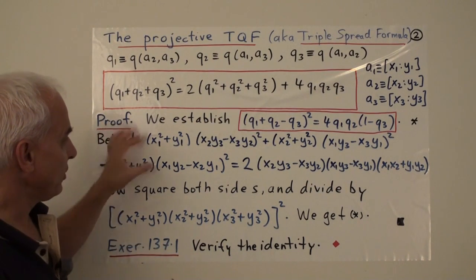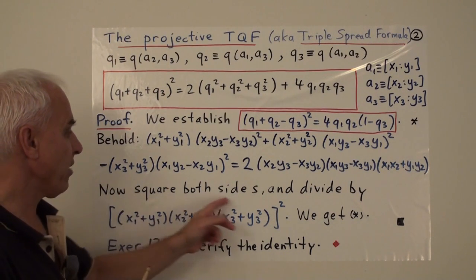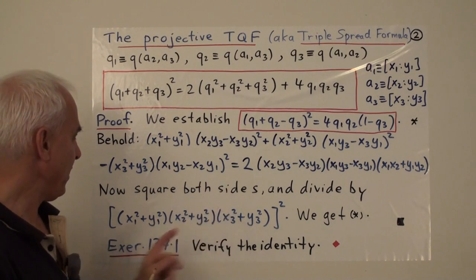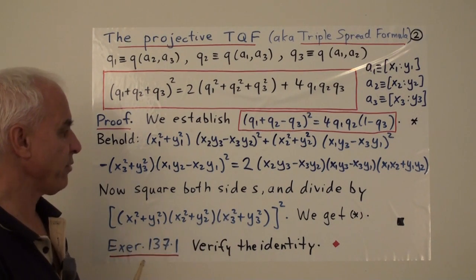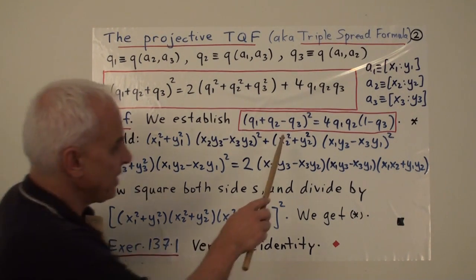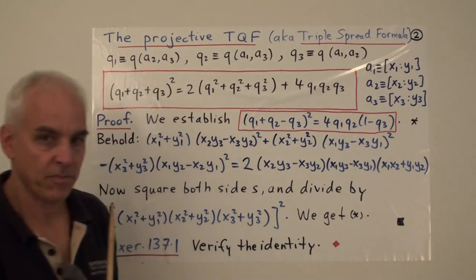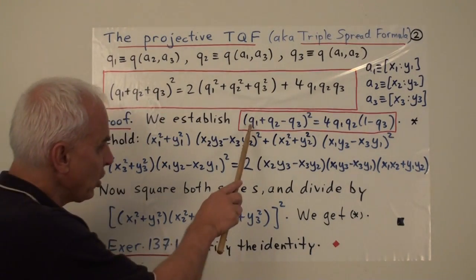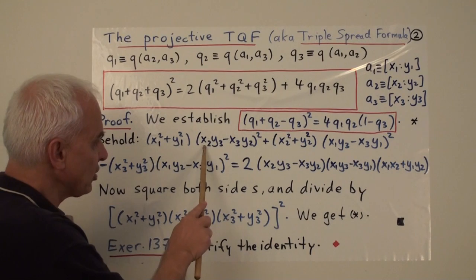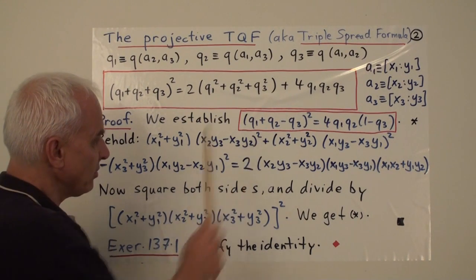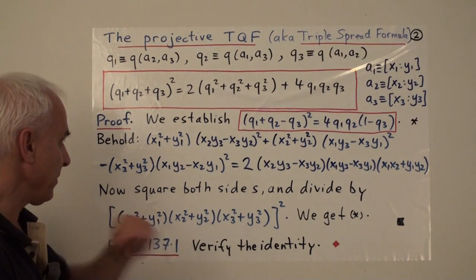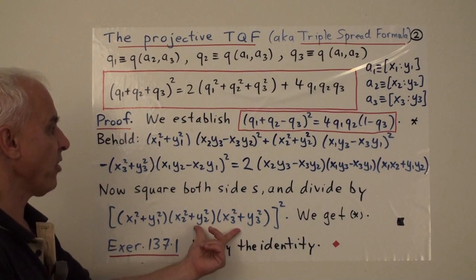Okay, so what do we do to this identity? Well, we square both sides, and then we divide by this expression. And then we're going to get basically this thing here. Why? Because the Q1 is essentially (x2 y3 - x3 y2) squared divided by this product times this product.